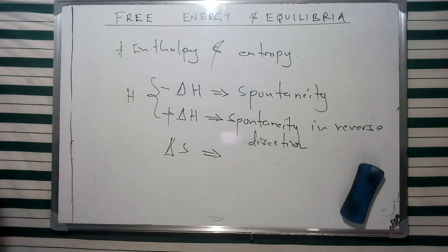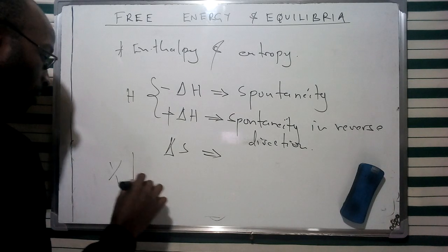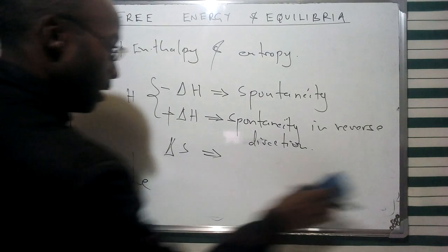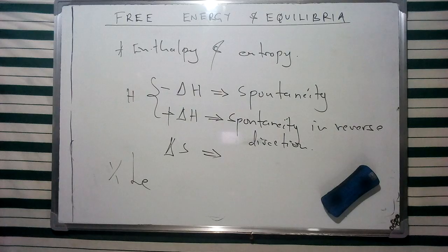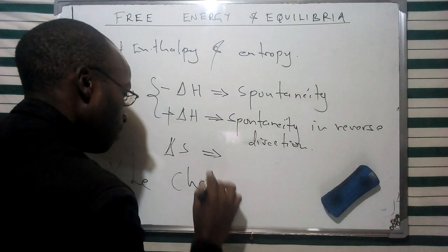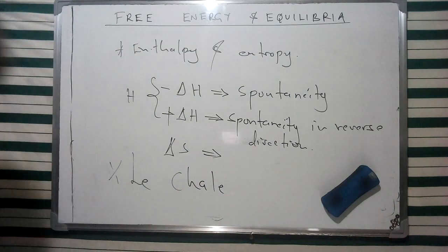In our previous discussion, we had mentioned the Le Chatelier's principle, which together with the equilibrium constant was used to measure this specific effect of certain changes in a chemical reaction, as we had mentioned in our previous video.